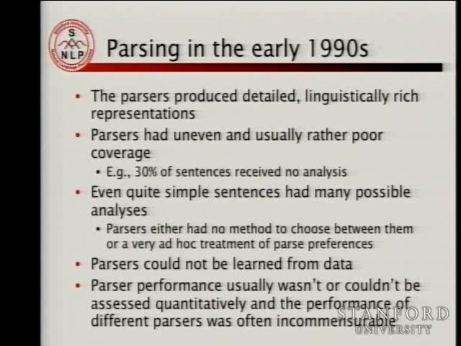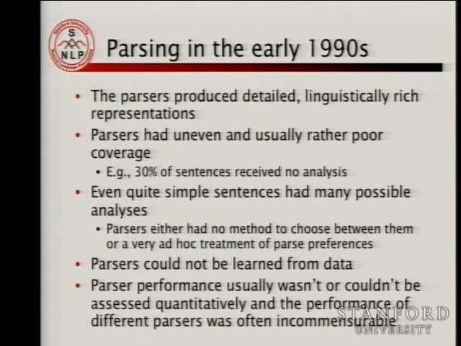Okay, so for the entire history of NLP, there's been lots of work on how you can parse natural language sentences. But still in the early 1990s, essentially what you saw is that there were parsers that had handwritten grammars, which produced detailed, actually usually richer than we often provide today, grammatical analyses of sentences.